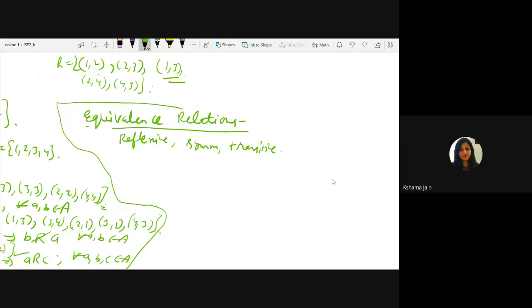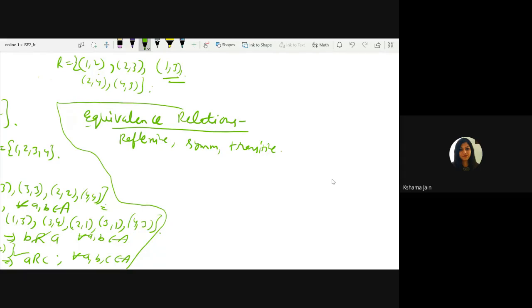The question would be, show that any relation they give you is an equivalence relation. Or otherwise, check whether the relation is equivalence or not. In that case, you need to check whether the relation is reflexive, symmetric, and transitive or not. If any one condition is not satisfied, we say that the relation is not an equivalence relation. Understood? These 3 conditions must be satisfied for being an equivalence relation.